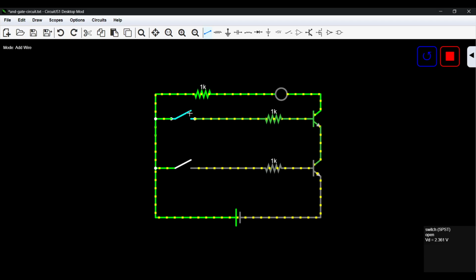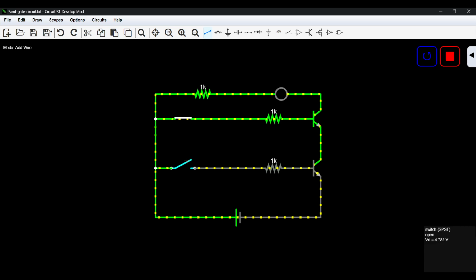And if input A is on, what do you think the output should be? The output should be off, since it has to meet both conditions. Both of them have to be true for it to be true.